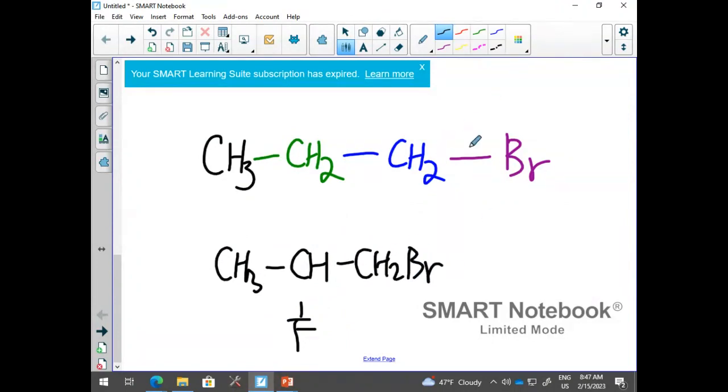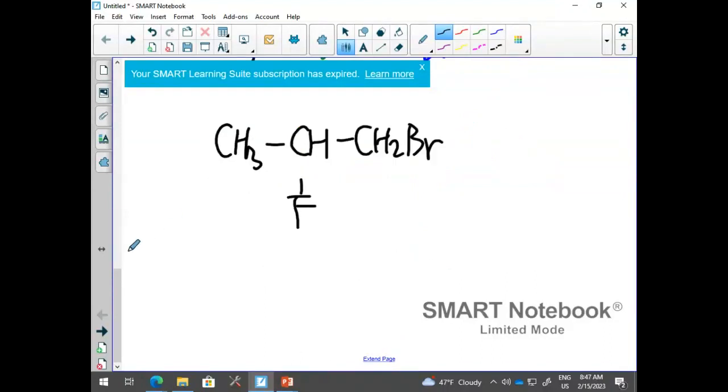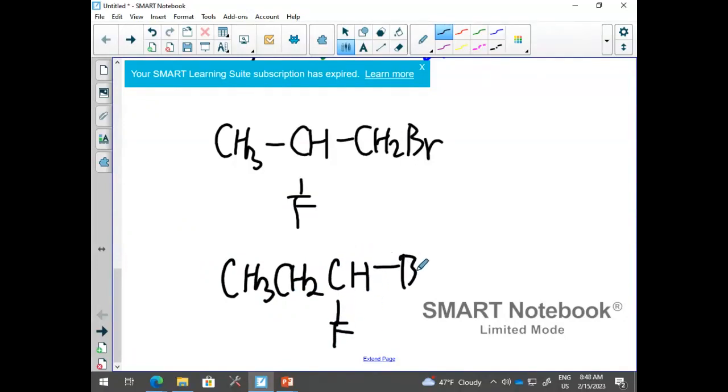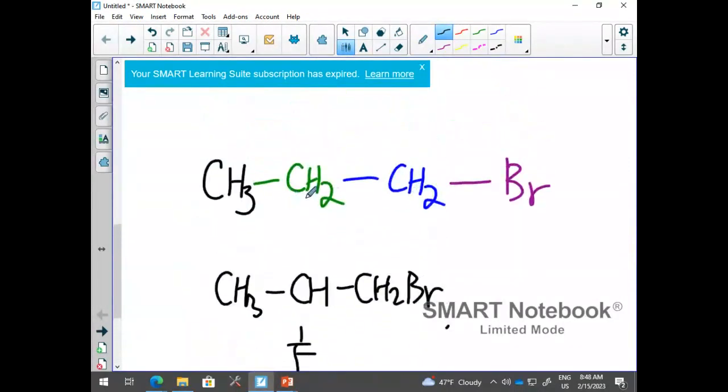Then if we replace one proton here, next to bromine, you get CH3, CH2, CHFBr. Do you think this is the same compound? If they're not, it means the two CH2 groups are different. So you could expect 3 signals here. The chemical shift values should probably be 3 point something ppm for this one, close to 2 for this one, and close to 1 ppm for this one.